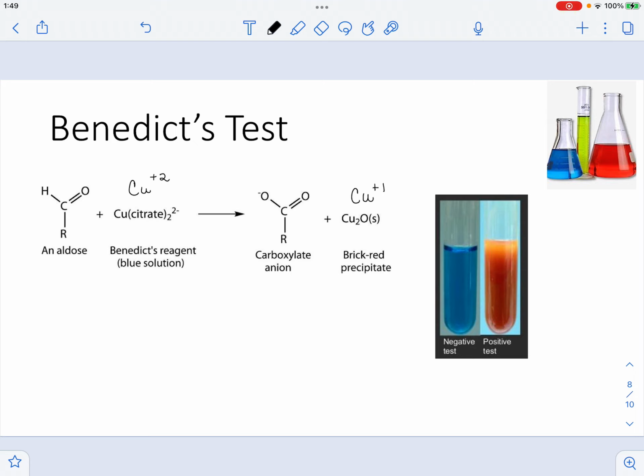In the Benedict's test, similar to what we observed in the Fehling's test, there is a transition from blue to an orange reddish product.